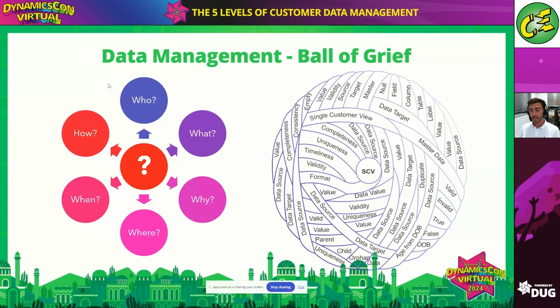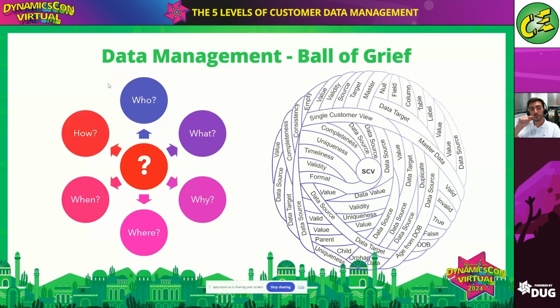At the center here, we have a single customer view. And we're talking here about the CRM space. That is the eureka, the perfect area that you want to get to: a single customer view. But wrapped around all of that are all of these factors. We've touched on them slightly. Completeness, uniqueness, timeliness, validity.